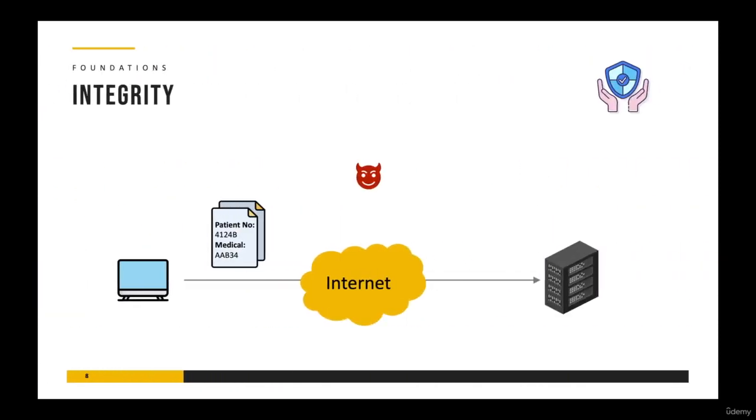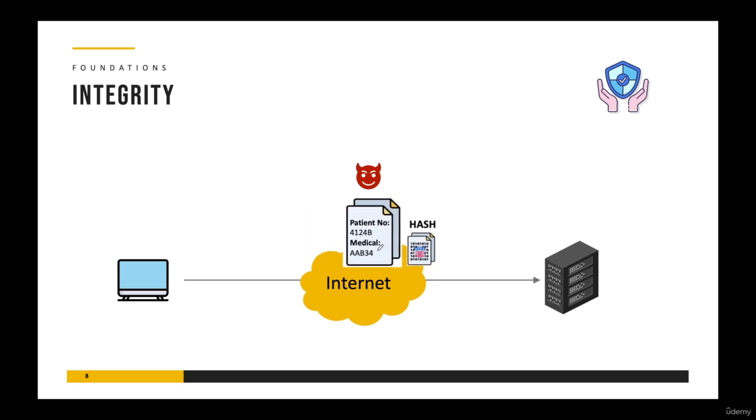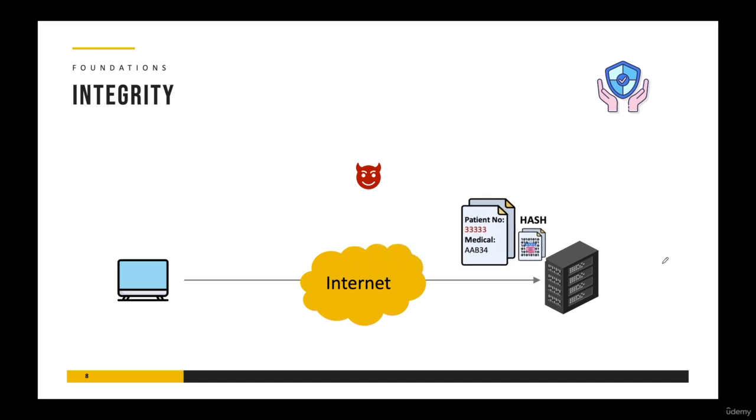Traditionally, integrity is enforced by using hashes. So a hash is kind of a summary or a message digest of your main file, which means that you calculate a summary of your main file or main data, and then you encrypt it using a secret key. Now you send the file along with the hash to the destination. And even if a man in the middle changes your file, when your file reaches the destination along with the hash, the destination is going to independently calculate the hash of this file.